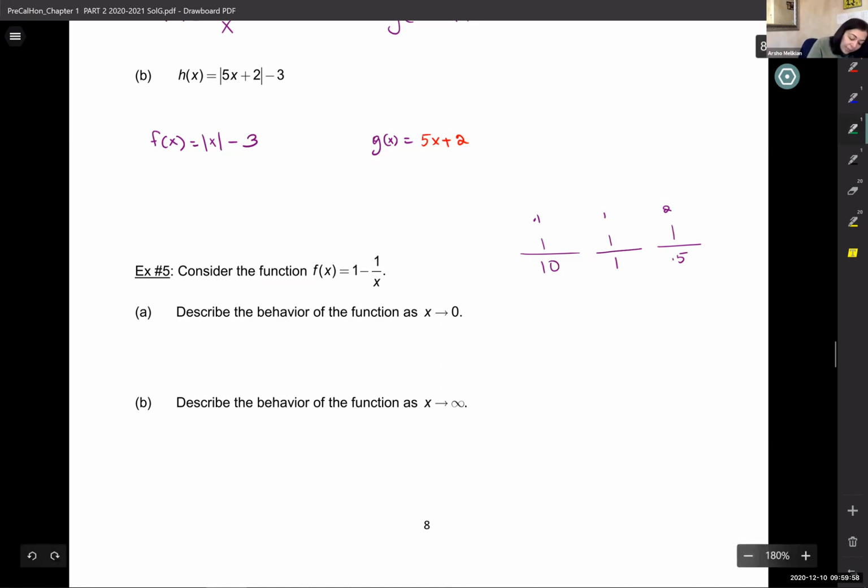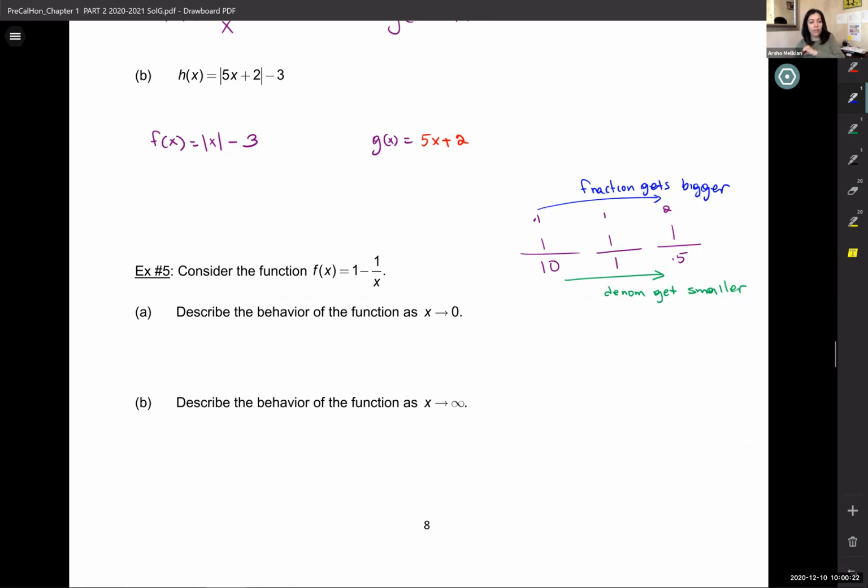So what's happening? As the denominator gets smaller, what's happening to the fraction? It gets bigger, right? So the smaller denominator you have, the bigger your fraction is, right?